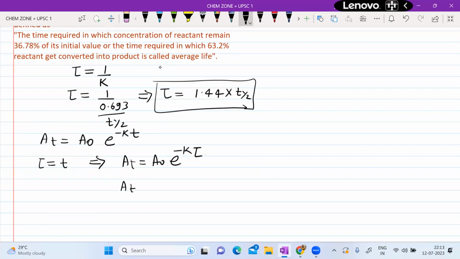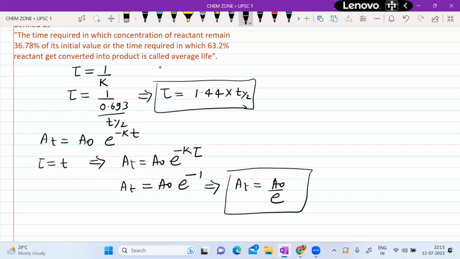And as we know that tau is just the reciprocal of K, we can write e to the power minus 1. So at average life, A_t will remain A naught upon e. If we calculate this value, we find that A_t will be equal to 0.3678 A naught.